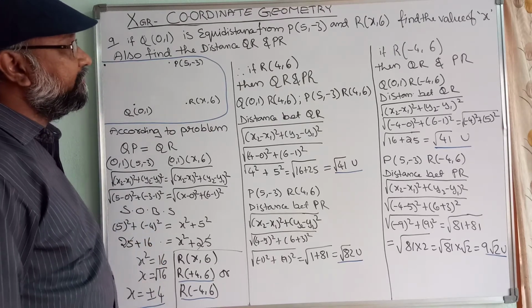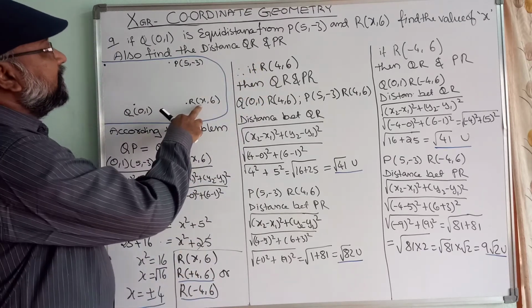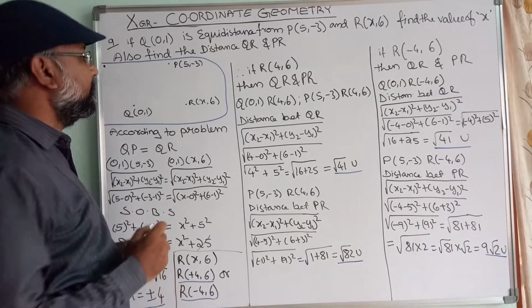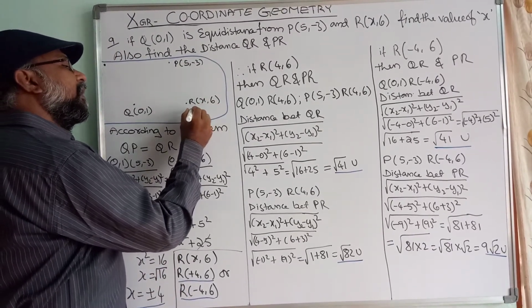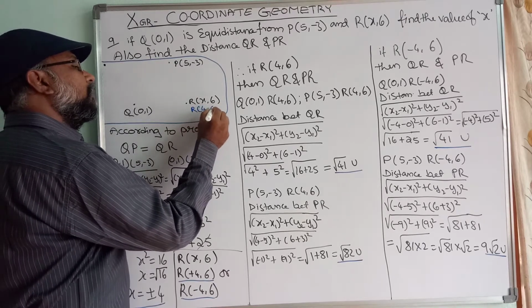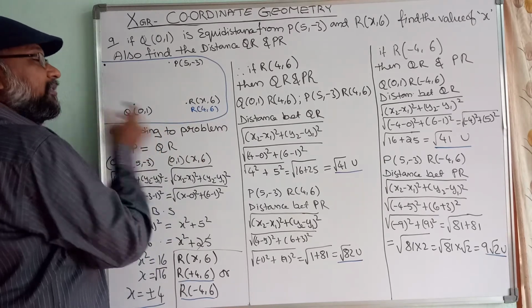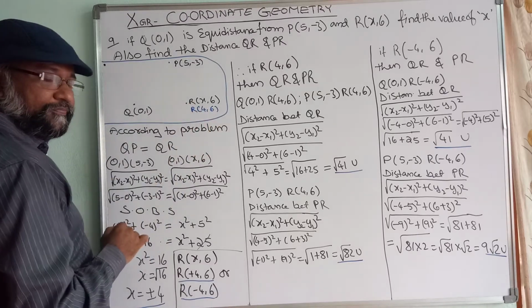Now, if you think R is equal to (x, 6), that means R is equal to (4, 6). Dear students, the same point with minus 4, 6 won't be here.